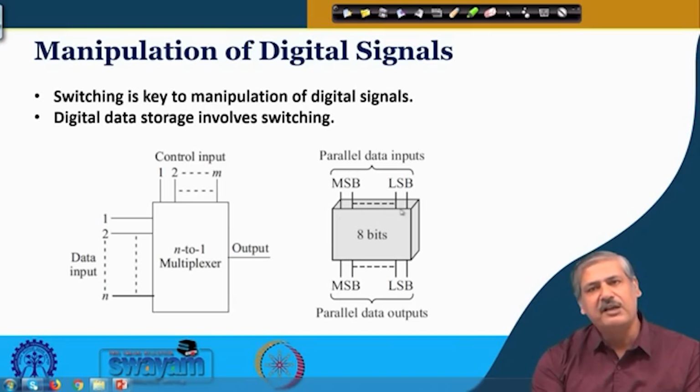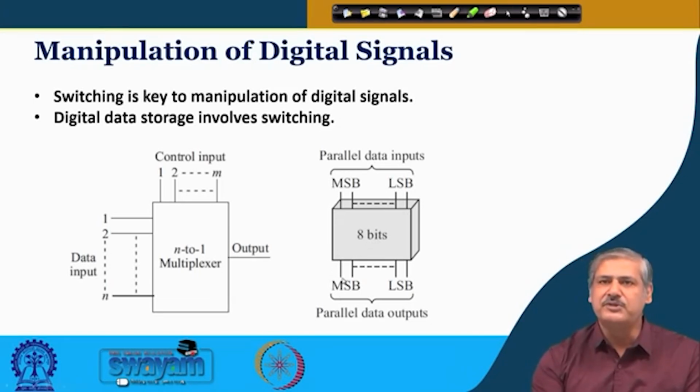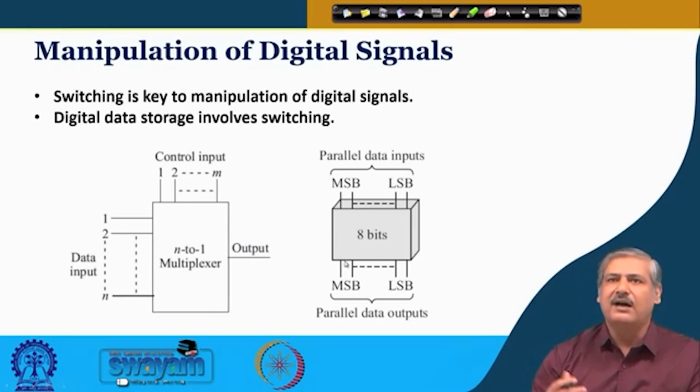When the data will be coming here, that is decided by a specific logic, and how data will be stored. If you look at the internal circuits of it, there is switching activity happening inside. Okay. So, this is, as I said, one of the core aspects of digital processing, digital manipulation when you look at it at the circuit level.